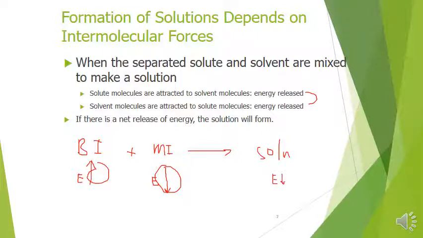Now there are some caveats we have to take into account, especially when we talk about entropy, because that's not always the case. In the big scheme of things, we would think that this would be an exothermic reaction where it gives off heat. There are some times when we make a solution where it's actually endothermic, and it still forms a solution.